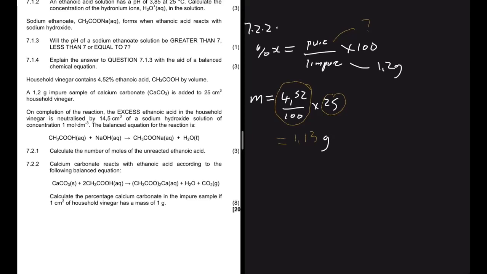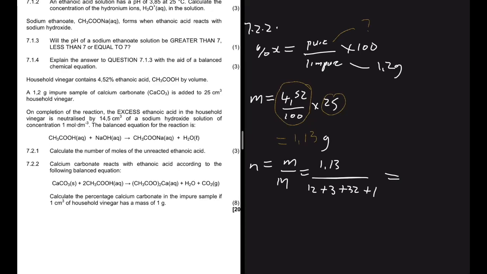From this 1.13 grams, we can then calculate the number of moles of ethanoic acid initial, right? So we're gonna say the number of moles is equal to the mass, obviously, divided by the molar mass, which will be 1.13 divided by the molar mass: carbon is 12 plus 3 for the 3 hydrogens plus 32 for the oxygens plus 1, right? So let me punch this in my calculator real quick and see what I get.